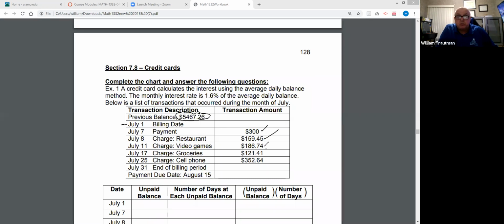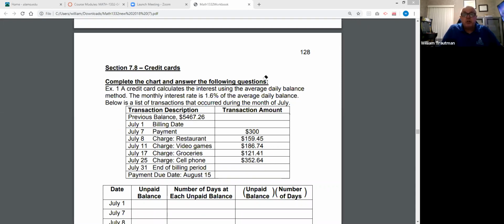You went to a video game store, the groceries, your cell phone. Oh my God, that's a large cell phone bill. You made a $300 payment, but you made probably $800 worth of charges. So you're not bringing your credit card down, you're actually increasing it, which a lot of people are probably doing right now. Just don't go too crazy with them.